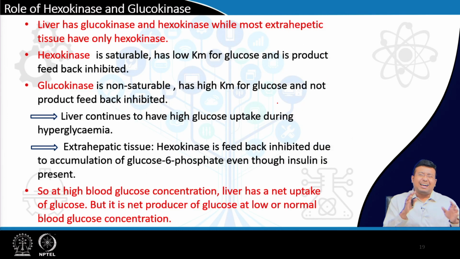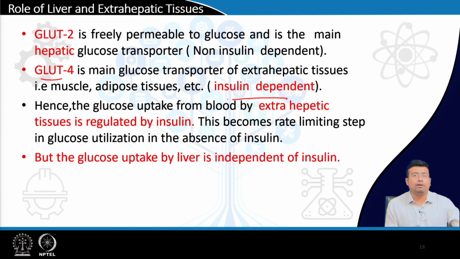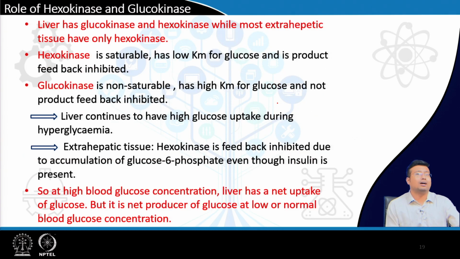Now, how the liver plays a role in glucose homeostasis is beautifully governed by two enzymes, hexokinase and glucokinase. You see, hexokinase is present in the peripheral cells. In peripheral cells, what does hexokinase do?